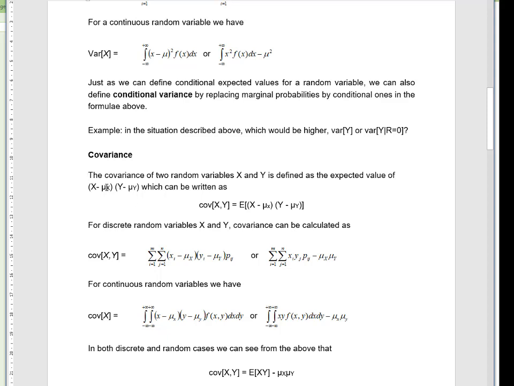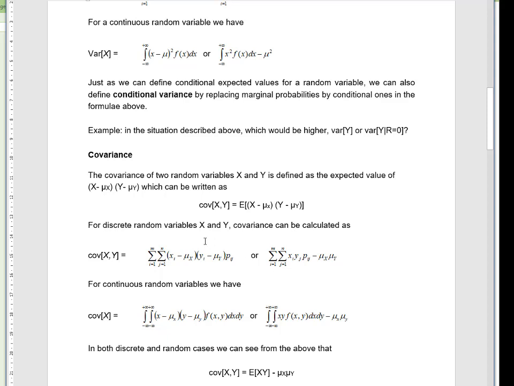So the covariance is the expected value of this. So it's that huge long thing like this, and then I'll leave it as an exercise for you, but if you multiply this out and use the simplification rules that I showed you above, you can show that it comes out like this. So it comes out to be the expected value of x times y, which is this first part here, subtract mu x times mu y, doing pretty much the same procedure we just did above.